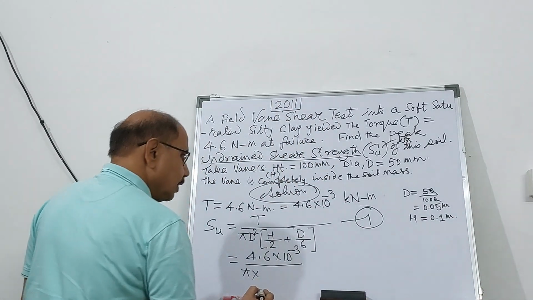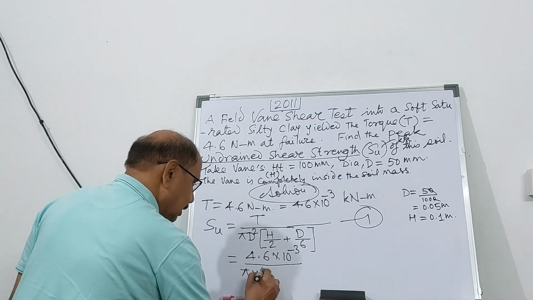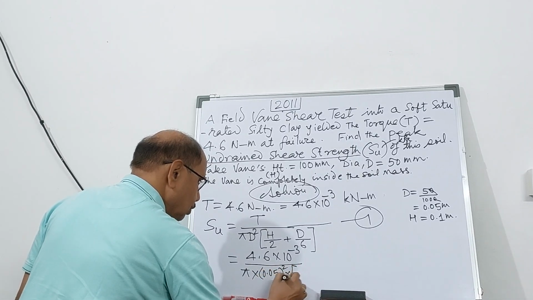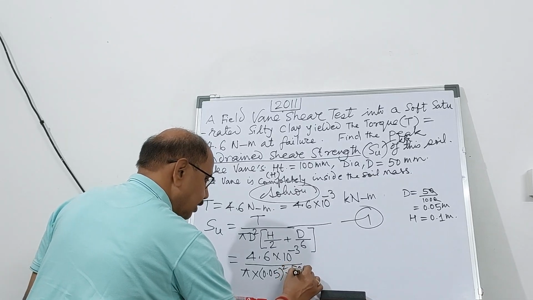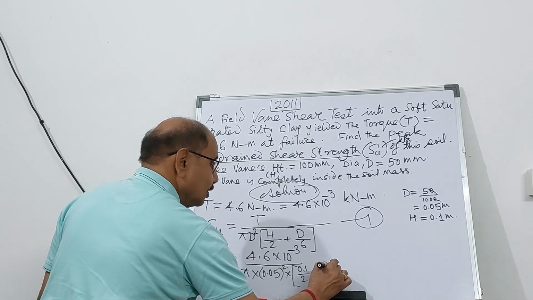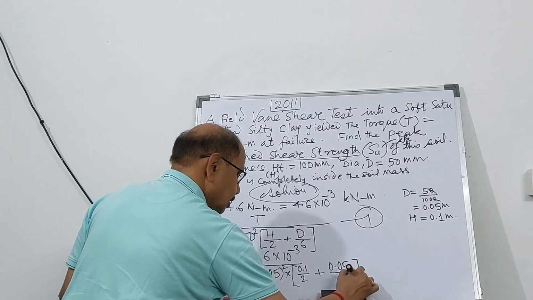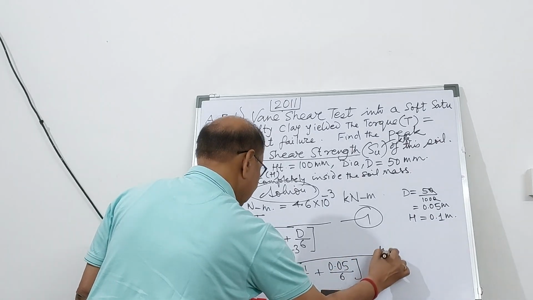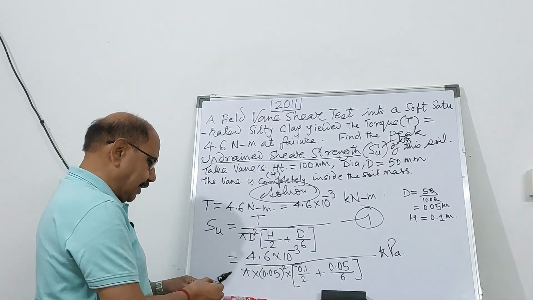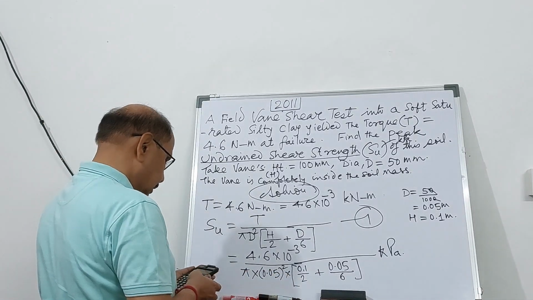So pi into d square into h by 2, that is 0.1 divided by 2 plus d by 6, 0.05 divided by 6. This value will be in kilopascal. So let us take our calculator and simplify it.